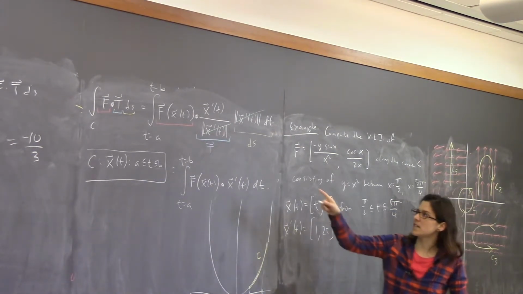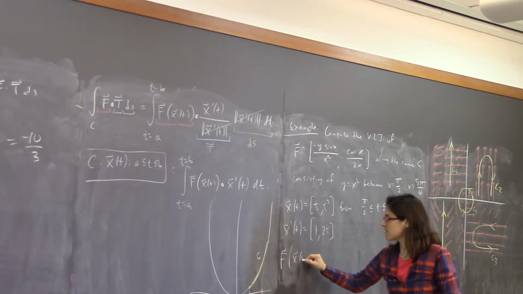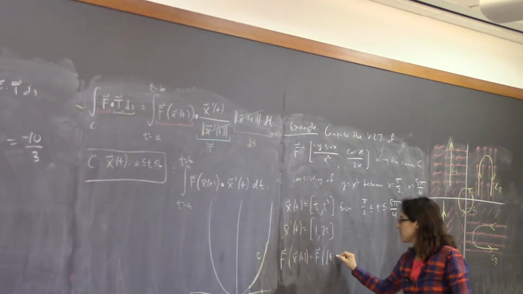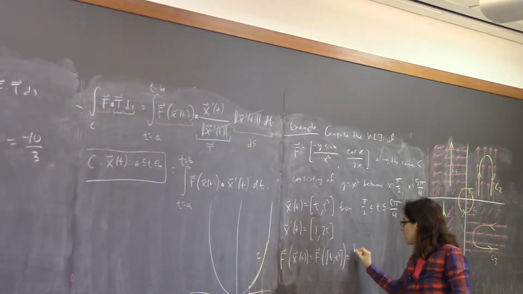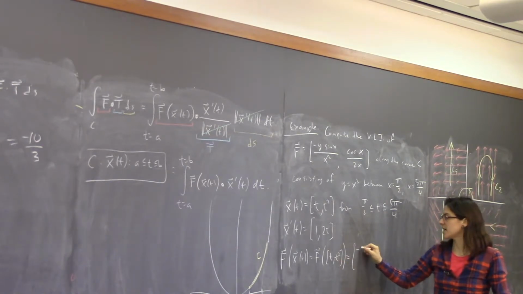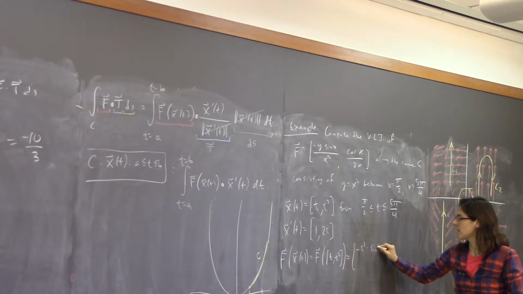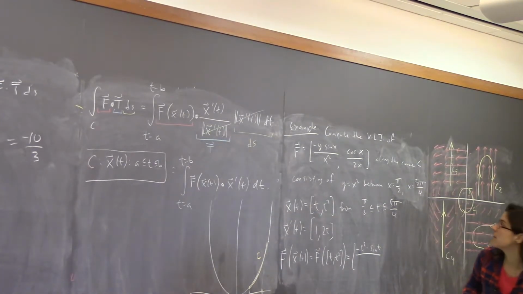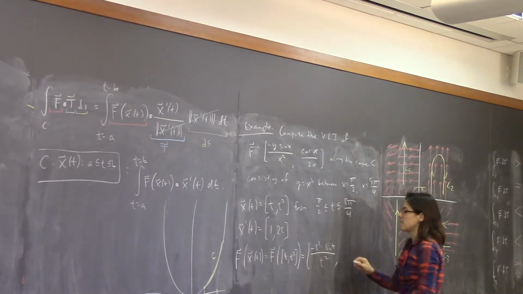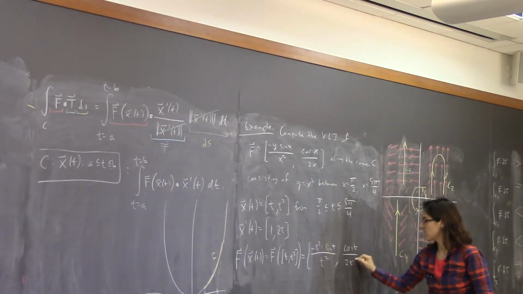And then we'll also need f of x of t, which is f of t comma t squared. f says you take negative y, so that's negative t squared, times sine of x, so sine of t, and you divide it by x squared, which is t squared, comma cosine of x, so cosine of t over 2x, so that's 2t.